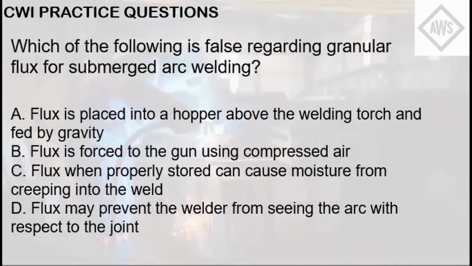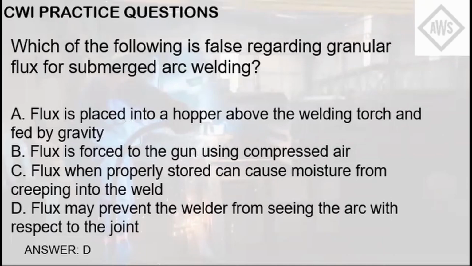So the answer here is letter C, or I'm sorry, the answer here is letter C, not D. That was a typo. Flux for SAW is like a sand covering the weld. Its primary purpose here is to prevent moisture from creeping into the weld. As I've alluded to in the previous question, the flux needs a proper storage procedure, much like the electrodes needing to be stored in an oven, so as not to contaminate the flux.